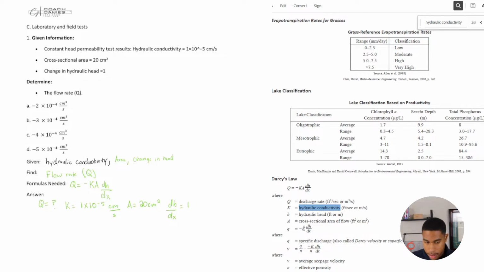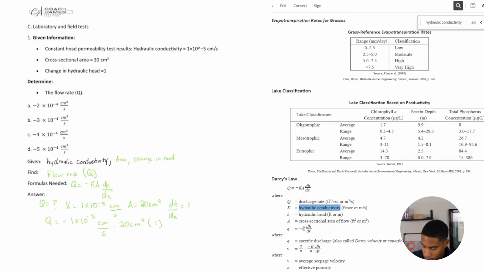All right. So plug and chug. Q is equal to, sorry, a negative K. It's negative 1 times 10 to the negative 5 centimeters per second times my area, 20 centimeters squared, times my change in hydraulic head, which is equal to 1.